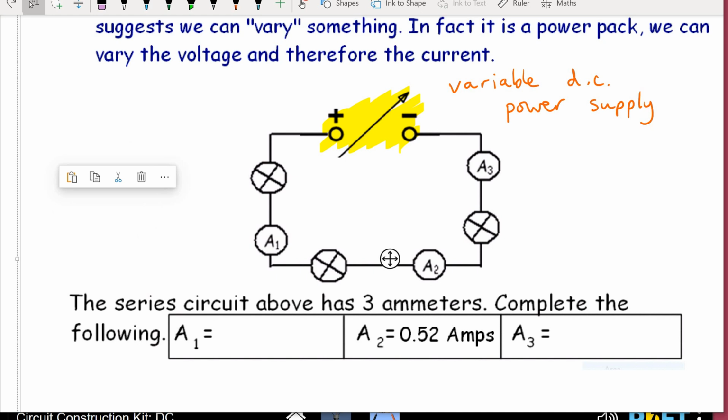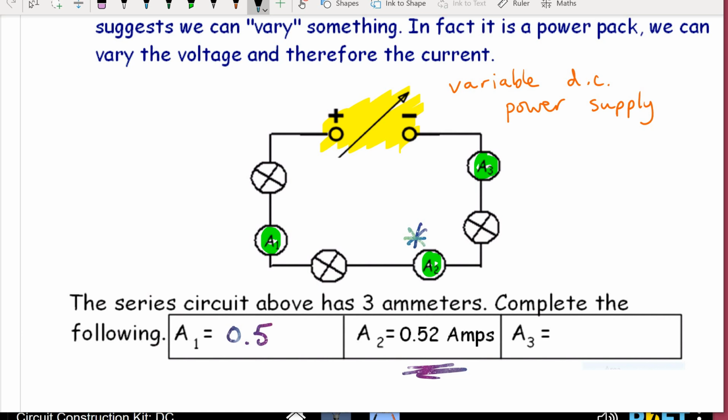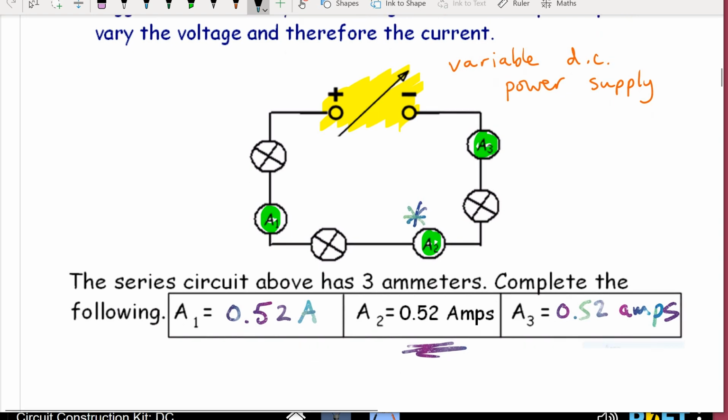It's got 3 ammeters: ammeter 1, ammeter 2, ammeter 3, and it's saying here complete the following. We know that A2, this one here, has got this reading here, 0.52 amps. So A1 must be 0.52 amps, and A3 0.52 amps. Easy peasy all day long.